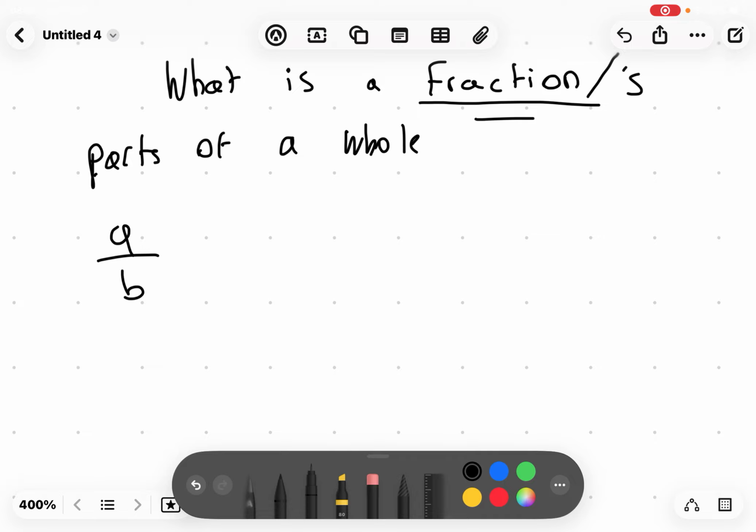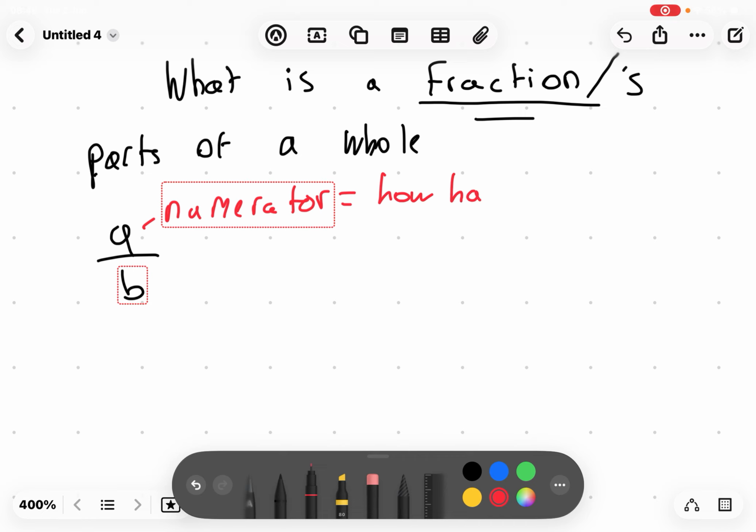So what I mean by this is, let's say this is how a fraction looks. You have a number on the top and a number on the bottom and this division line. Basically, this number is the numerator, and that is how much you have.